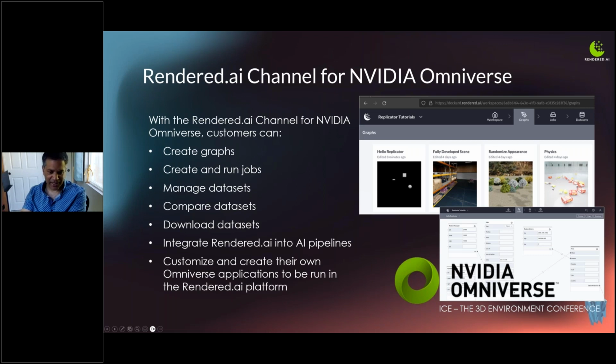Replicator is an NVIDIA Omniverse Kit extension that is specifically for synthetic data generation. You can run it from within Rendered.ai up on the cloud, and then you can create graphs which describe synthetic data runs. You can kick off runs, download data sets, and even use some of our other tools up in the platform.